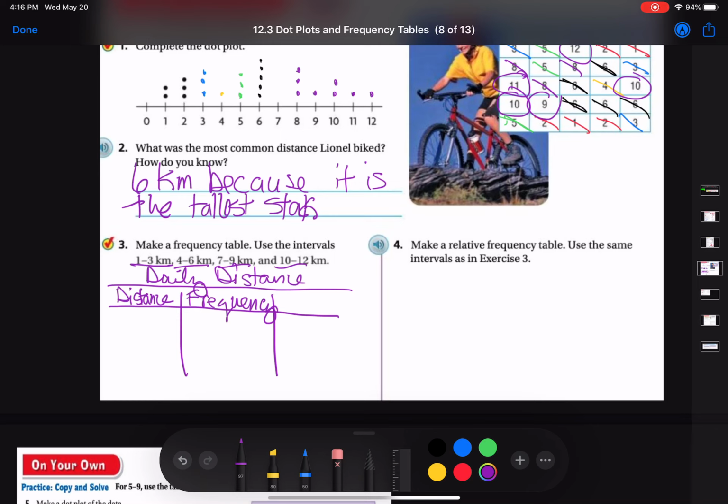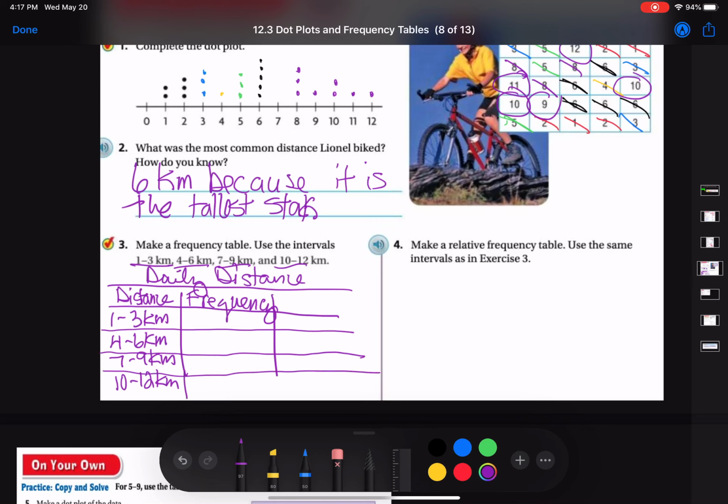Okay, so this one's going to be 1 to 3 kilometers, 4 to 6 kilometers, 7 to 9 kilometers, and 10 to 12 kilometers. Now you're probably wondering, why do I have a 3rd column? You'll see when we get to number 4.